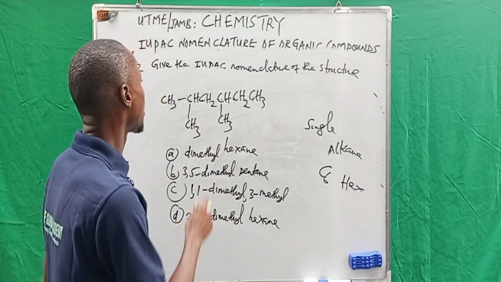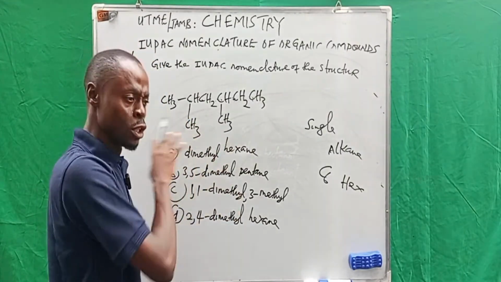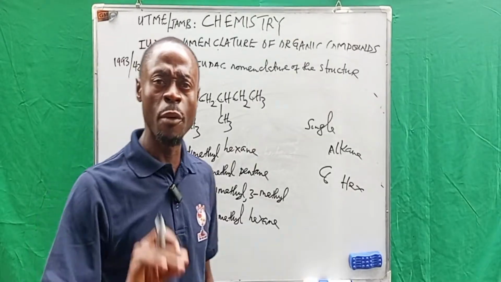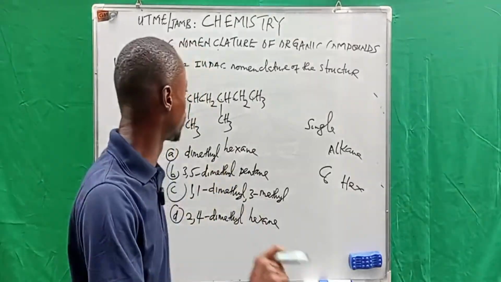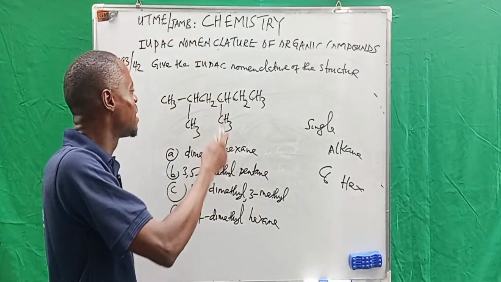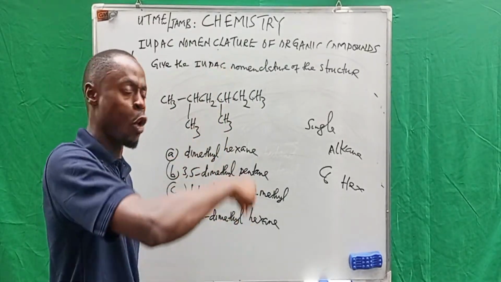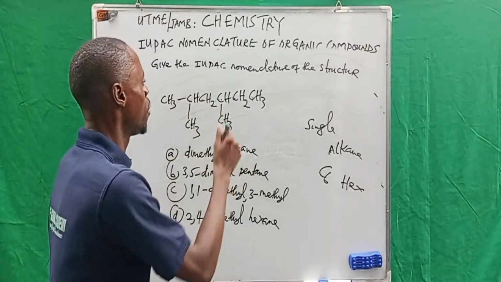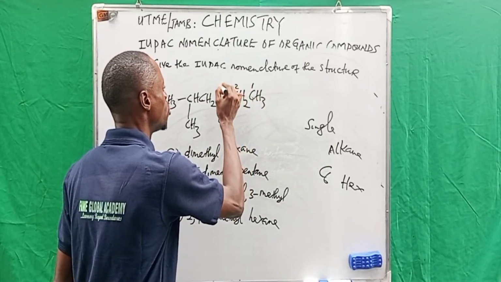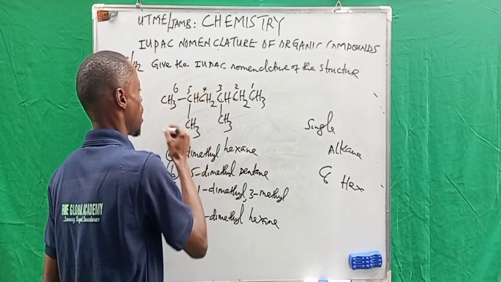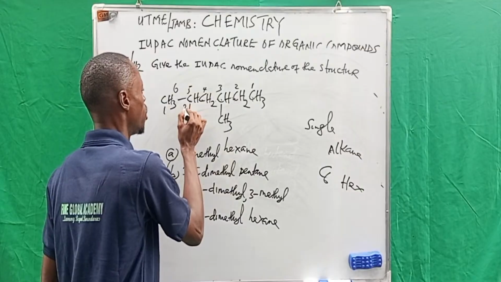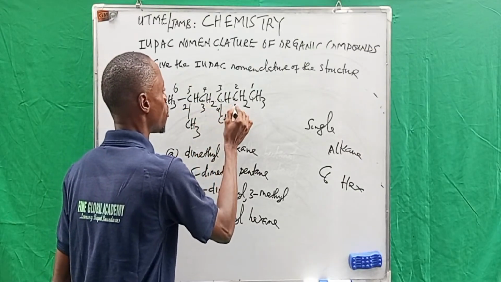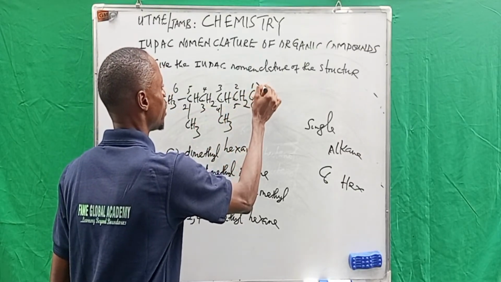The next thing is, having seen from the two ends the direction where we have the longest carbon containing chain, where is the most appropriate or correct place to start numbering from. If a student chooses this direction, 1, 2, 3, 4, 5, 6, and another student chooses this direction, 1, 2, 3, 4, 5, 6, this particular student is wrong.